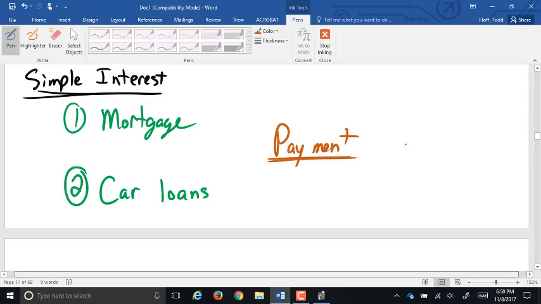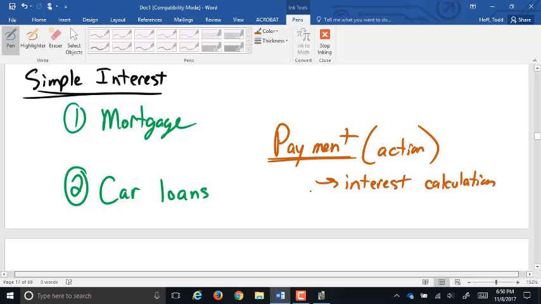When you make your payment, that is an action on the account. That triggers an interest calculation. So your interest is calculated and added to the balance before your payment is figured in.